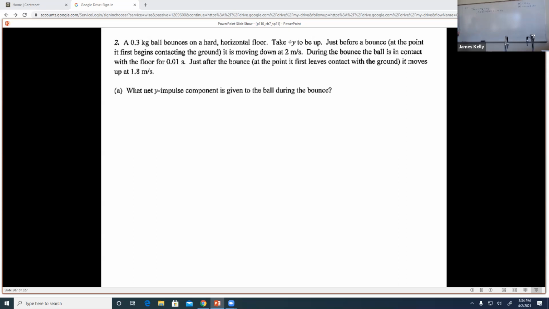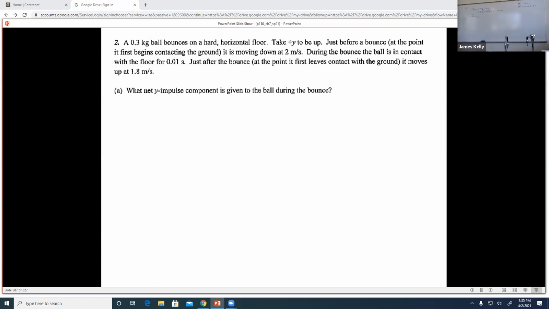All right, what about just the y impulse component delivered by the gravitational force to the ball during that same short amount of time that it's in contact with the floor? Well, here I can't use the net impulse. I need to calculate it more or less directly. I could say J from gravity, y, that's a big subscript.